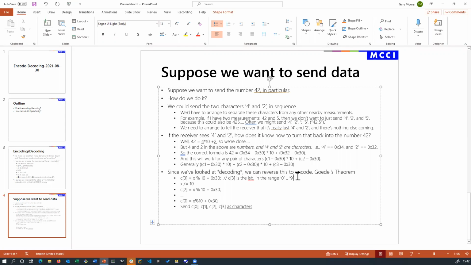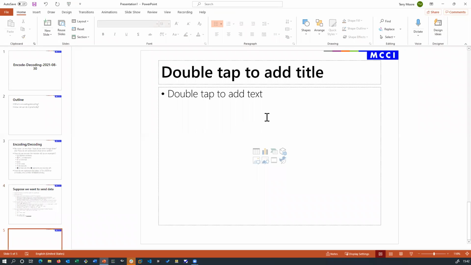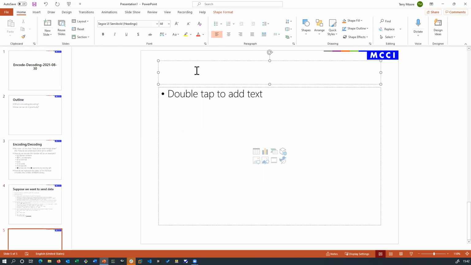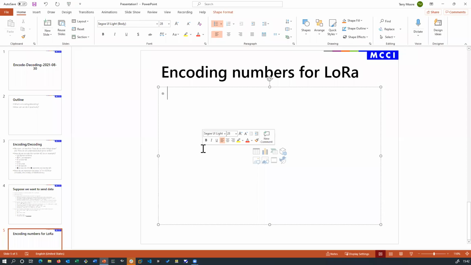So now I've talked about encoding in the abstract. Now let's talk about encoding your numbers for LoRa. We want to be terse.